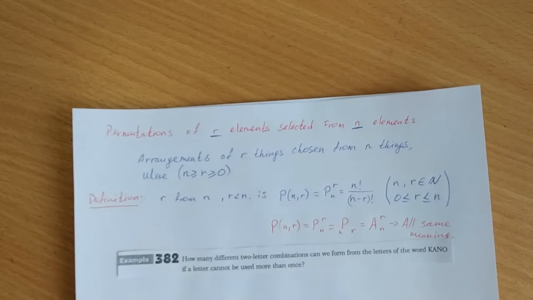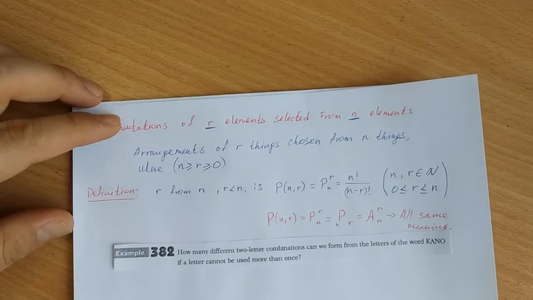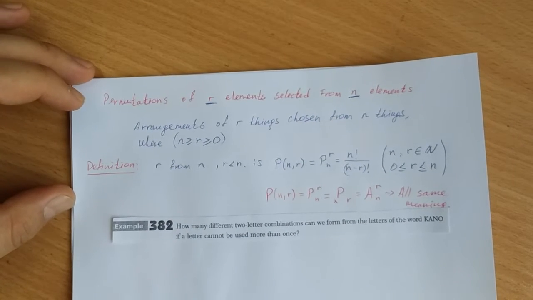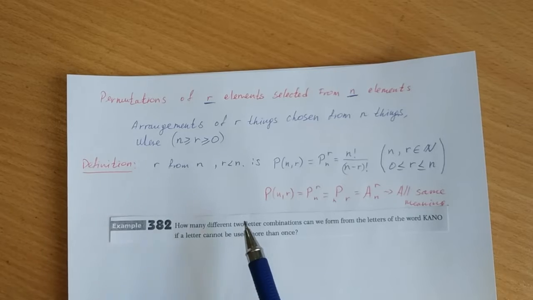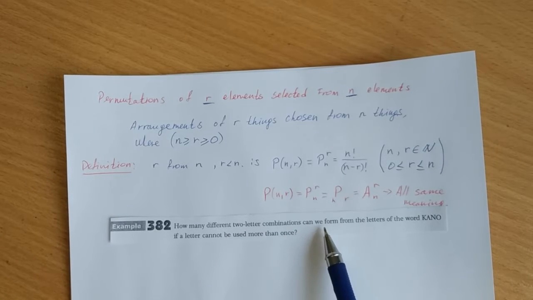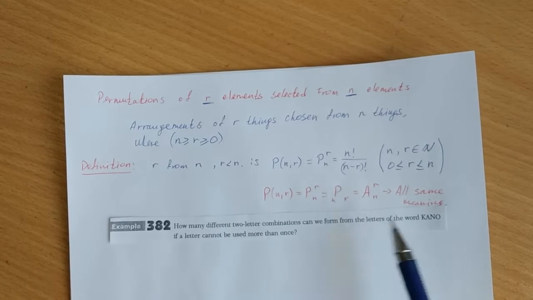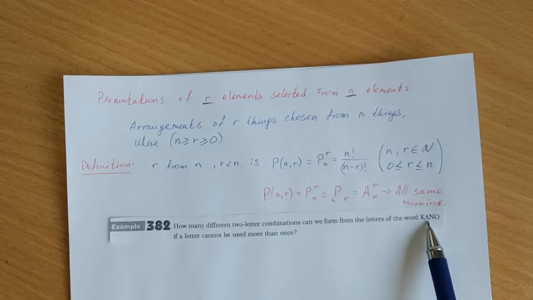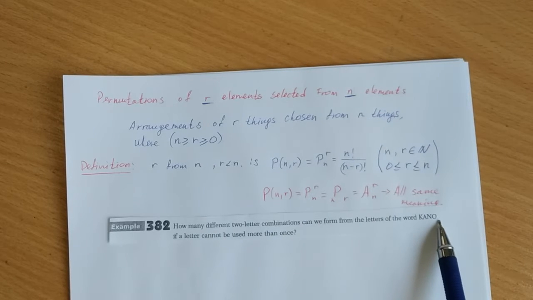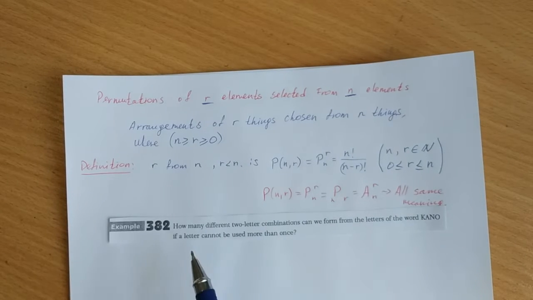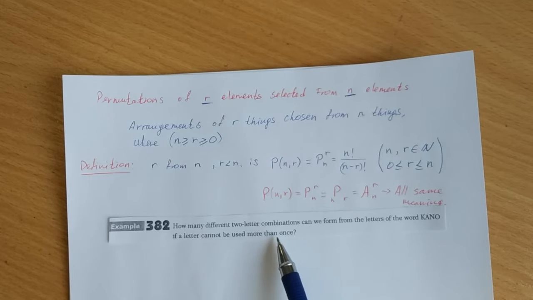Okay, now we have an example here. How many different two-letter combinations can we form from the letters of the word Kano, K-A-N-O, 4 different letters, if a letter cannot be used more than once?